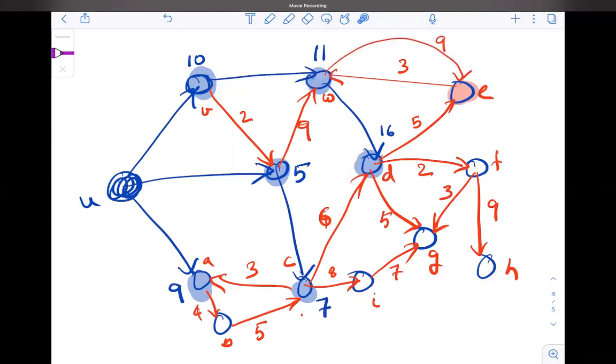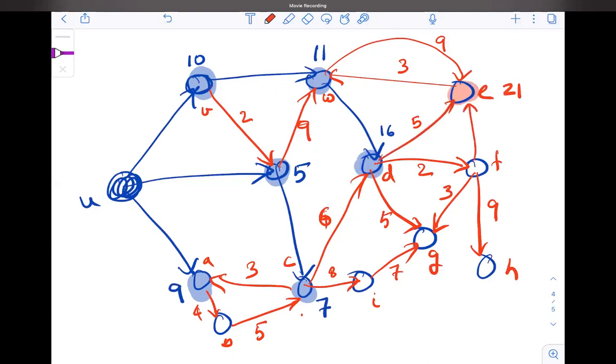I can come here of 16 and I can go here for 5. So shortest path of going to E through this D is 16 plus 5 is 21. So that means at this point, if I am to reach E, the best that I have is 21.